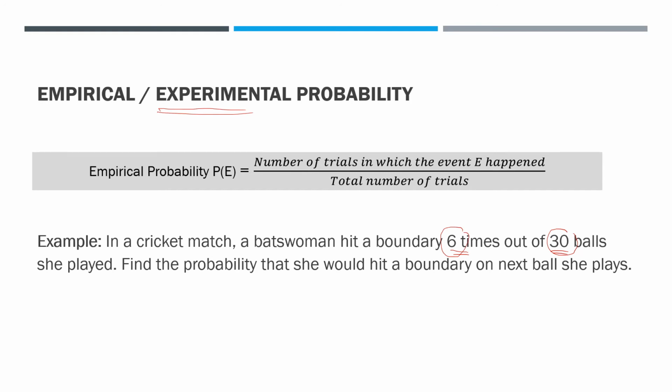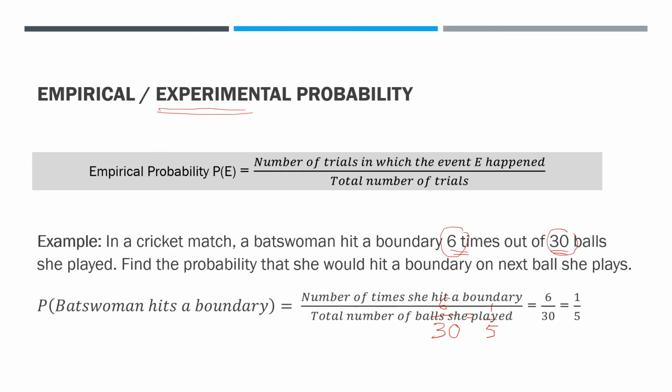What is the empirical probability here? The total number of trials, the total number of balls she played, is 30. Of those, 6 times she hit a boundary. 6 over 30, or 1 over 5, is the empirical probability that she would hit a boundary on the next ball she plays.